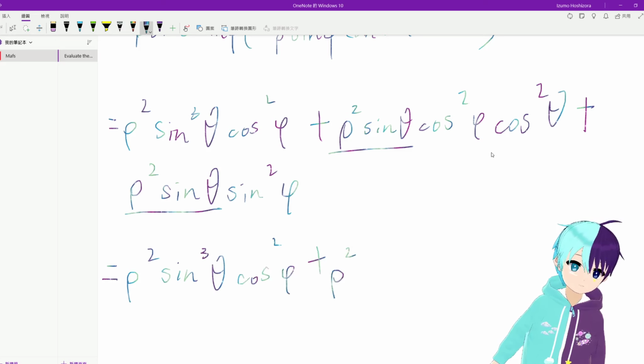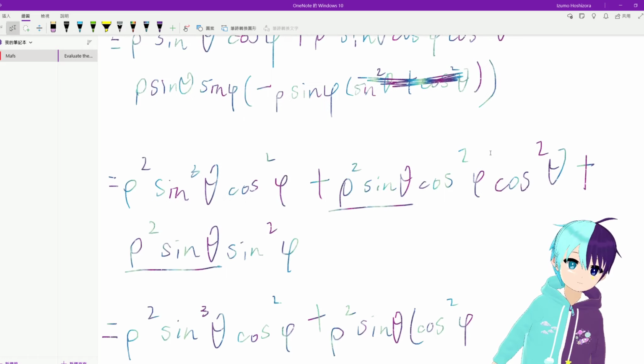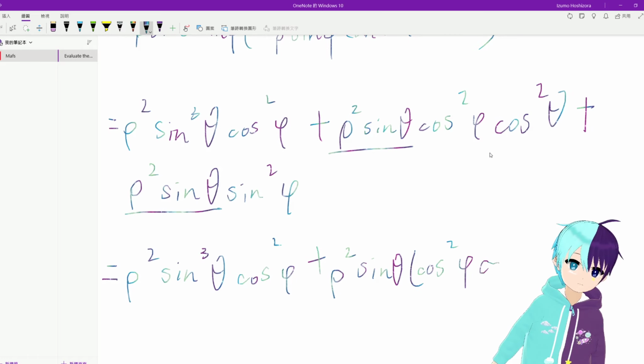The common factor is rho squared sine theta.